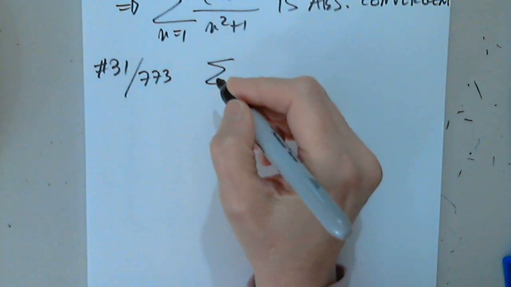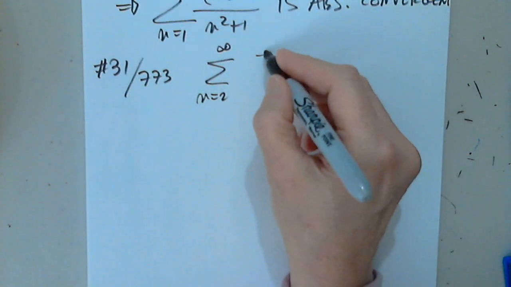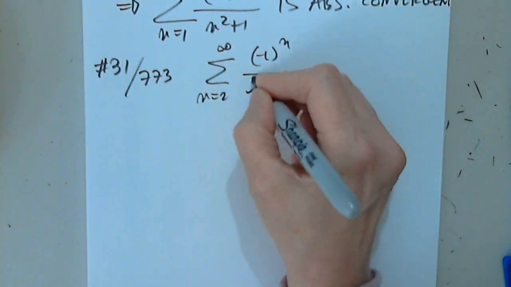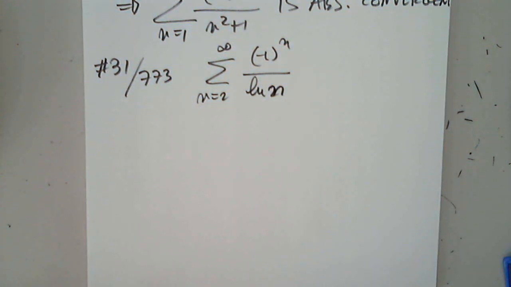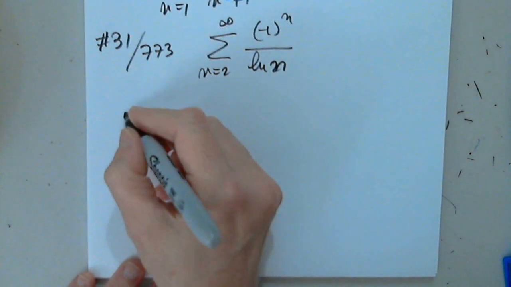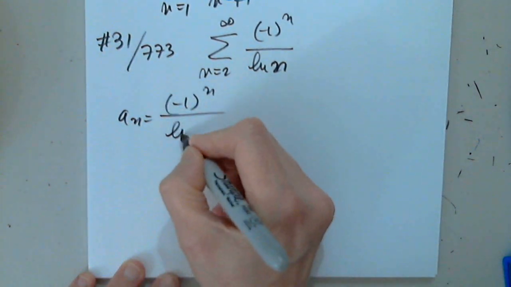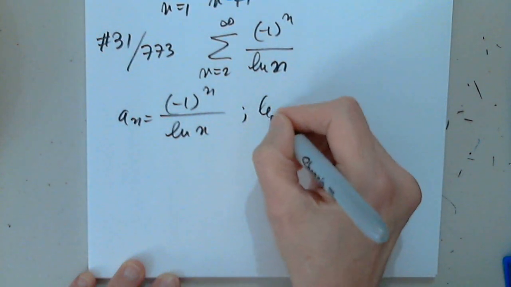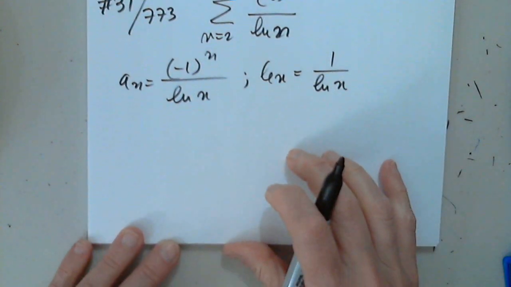the series from n equals 2 to infinity of negative 1 to the nth power over natural log n, of course. Good, so then we know that a sub n is negative 1 to the nth power over natural log n. We know that b sub n is 1 over natural log n.